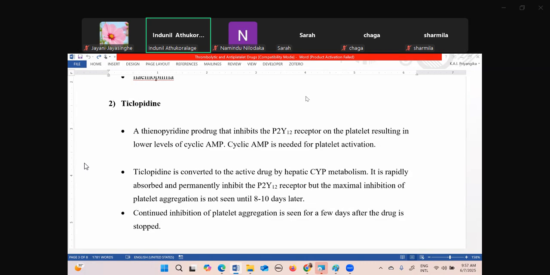The first one is administered form. That is very important. So the administered form is inactive, and when it is metabolized in the liver, it will convert to the active form, right?